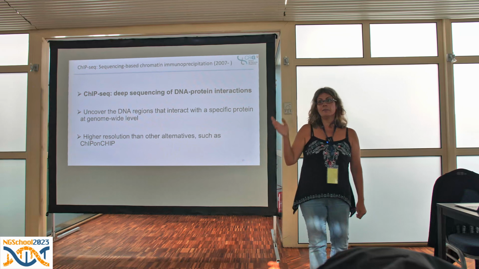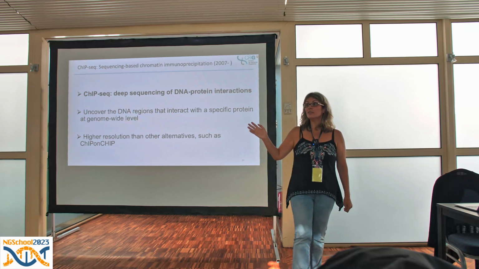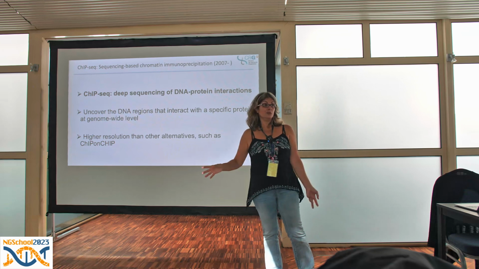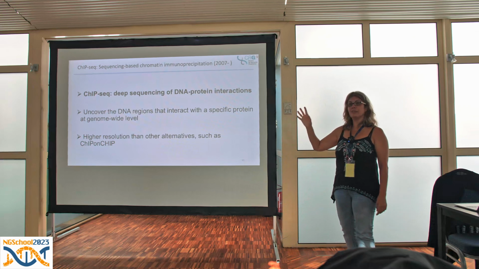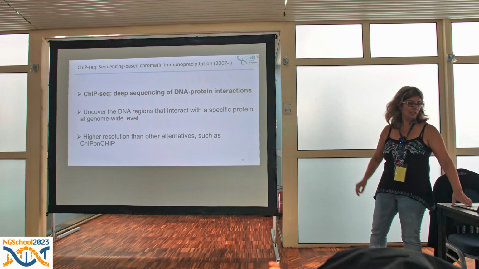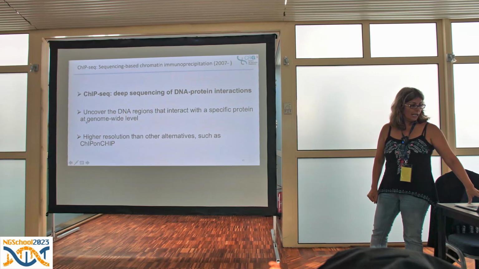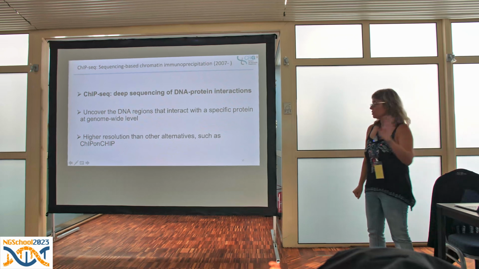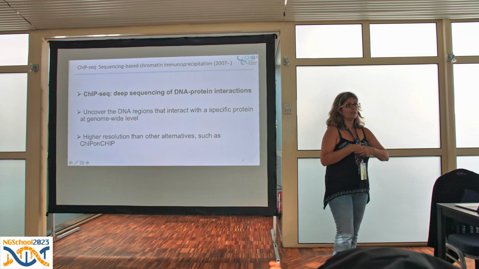But this was very blind, because if you didn't know the targets of your protein, you could scan the full genome, and maybe the protein in the end was not binding to DNA. So it was a problem. Thanks to the high-throughput technologies, we have been able to do it at the genome-wide level and look for the proper binding sites. So the goal is to uncover these DNA regions, and it has very high resolution compared to other technologies.